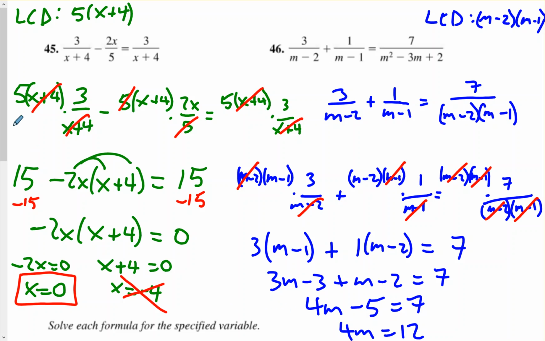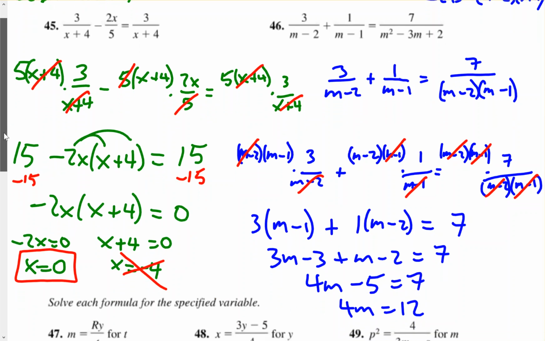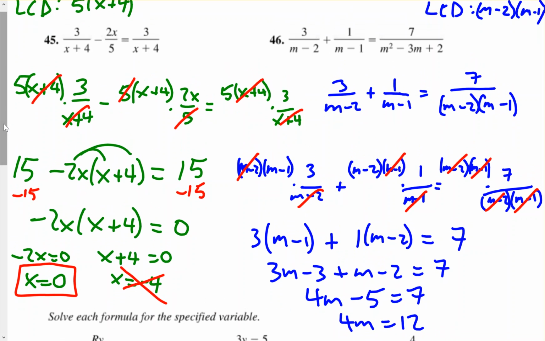Divide by 4. So we get m equals 3. Okay, and just as a double check, plug it back in, see if any of the denominators equal 0. No, no, and no. So looks like we're good with that one.